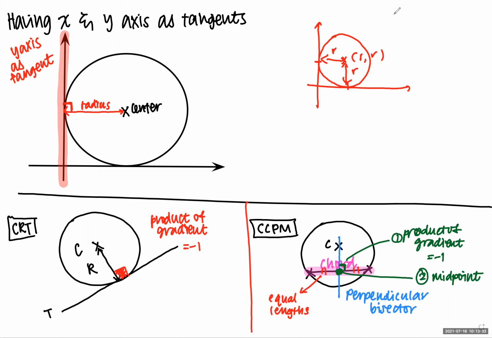Now, I'll go more in depth. The next one is, let's change color. And this person right here is my x-axis. X-axis as tangent. So it means that this person is also my R because it's a CRT concept. And then I have 90 degrees here.